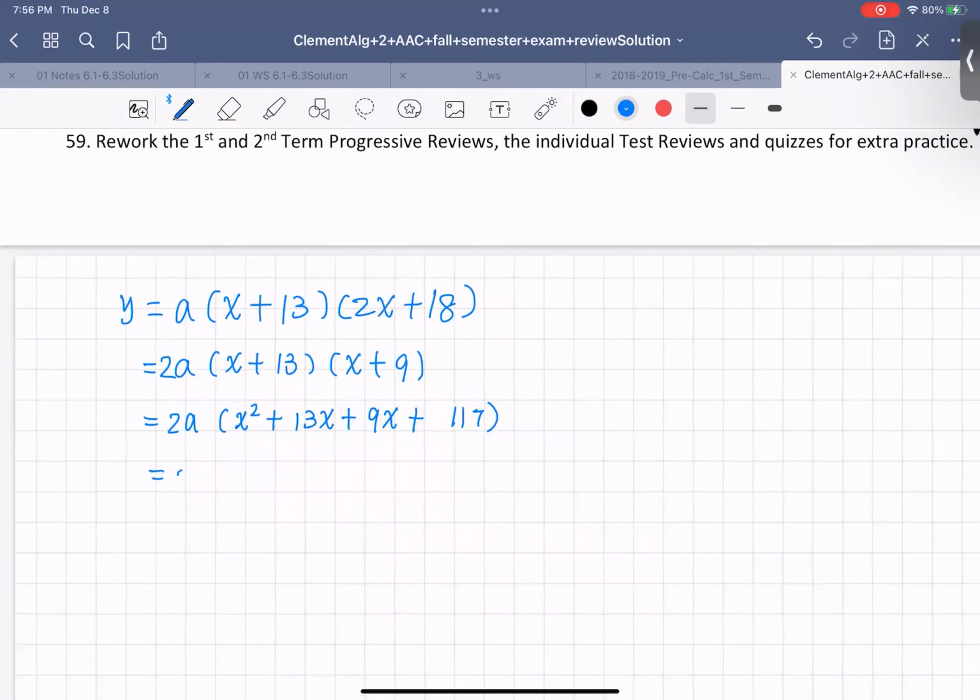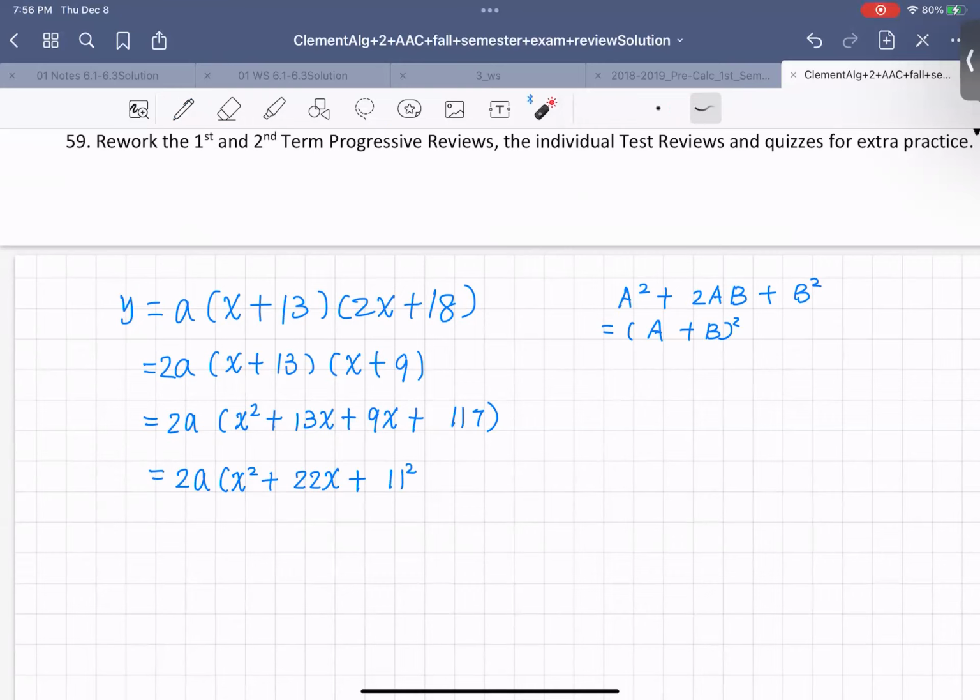And then this becomes 2a times x squared plus 22x. When you have 22x, you will plus 22 divided by 2 is 11, so you will plus 11 squared.